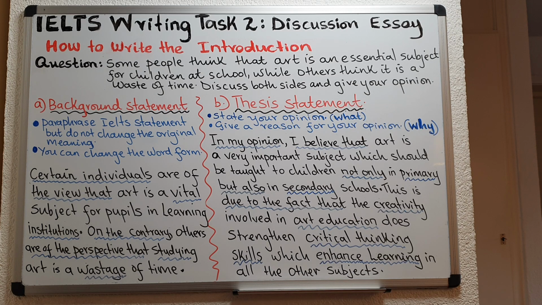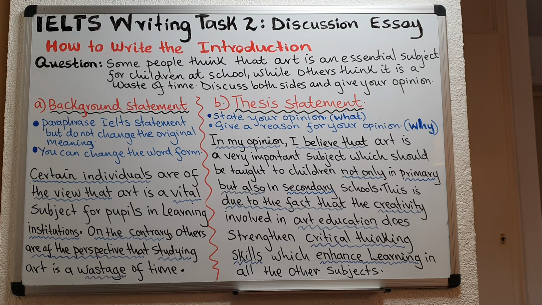In your thesis statement, you're supposed to write your opinion. Is it the first one or is it the second one? After that, you're supposed to give a reason for your opinion. Just one reason. So, in your thesis statement, first of all, state your opinion.